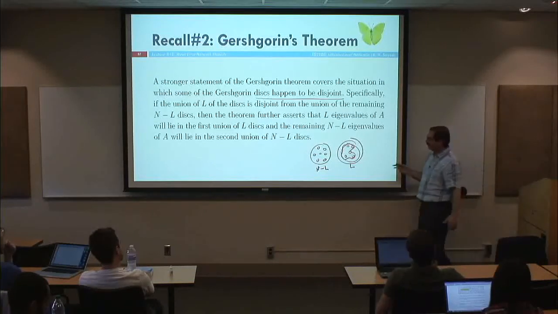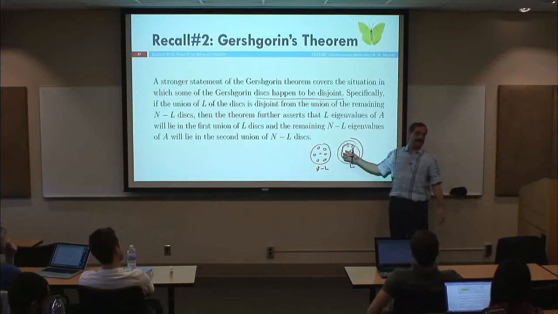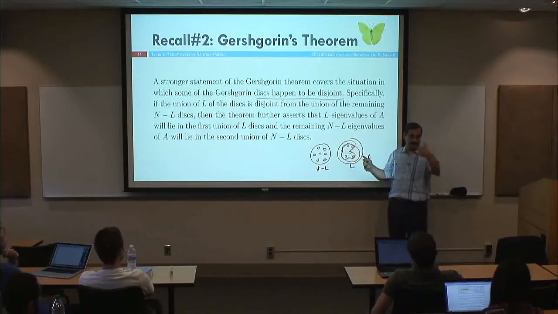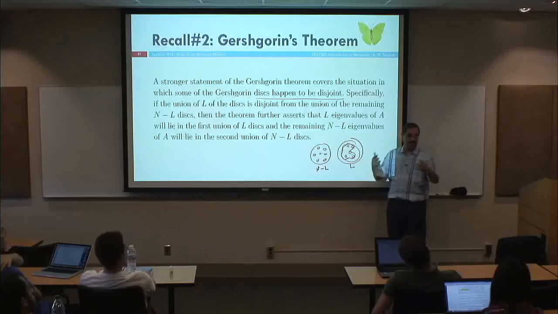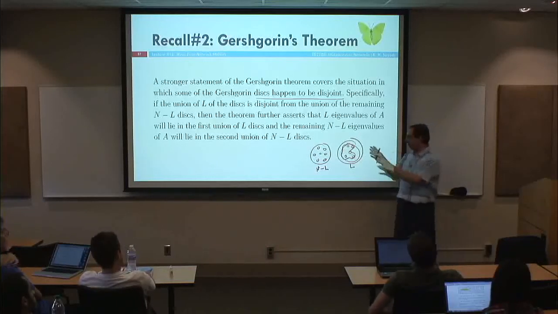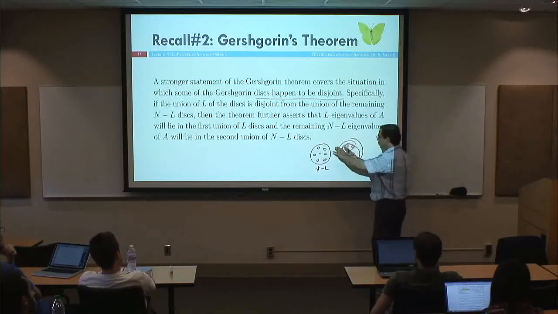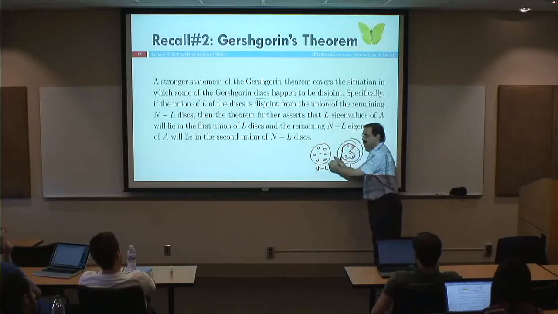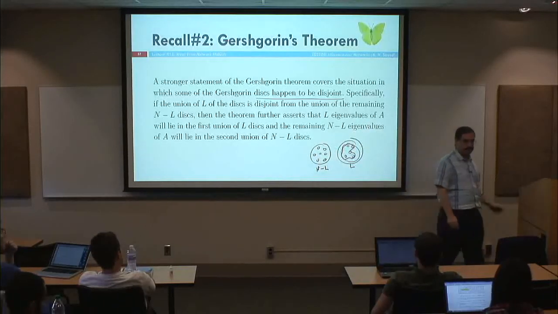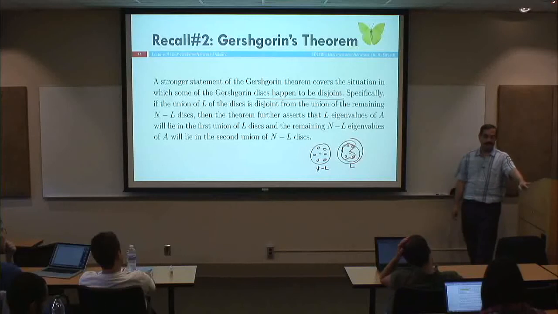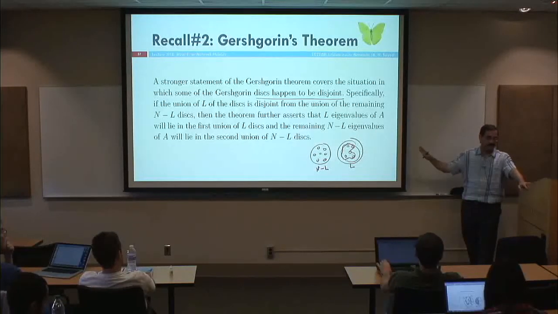I'm using the sphere as an analogy here. You are going to see, in the problem we are studying, that's what will happen. I will be able to put a sphere around this and a sphere around that, and the spheres will not touch. Anyway, you can go and look at the proof for the theorem. I'm not proving it here. I will just use this version of the theorem to prove my result.